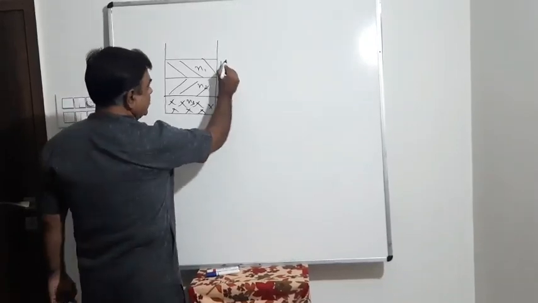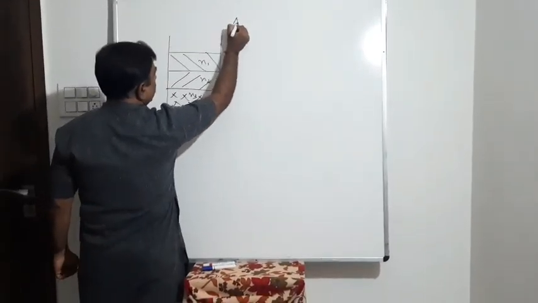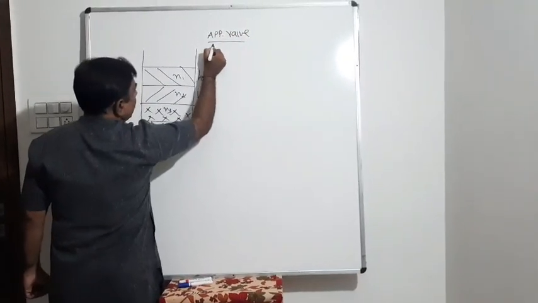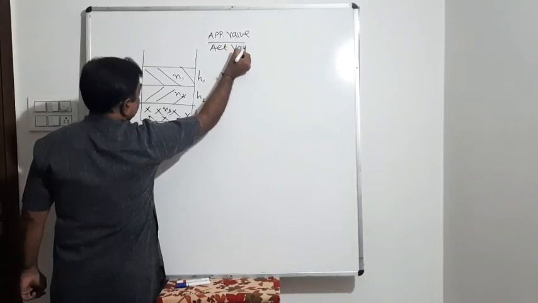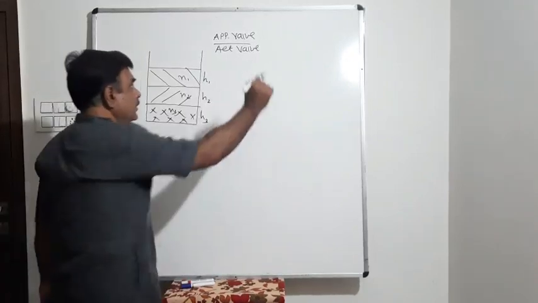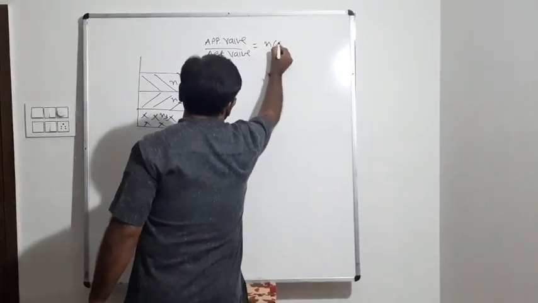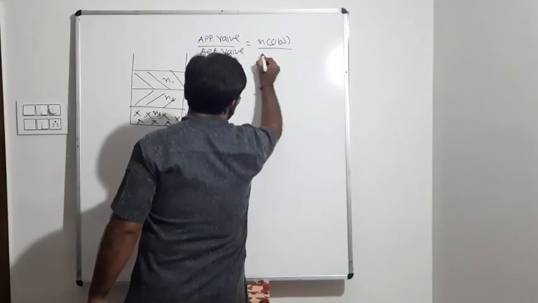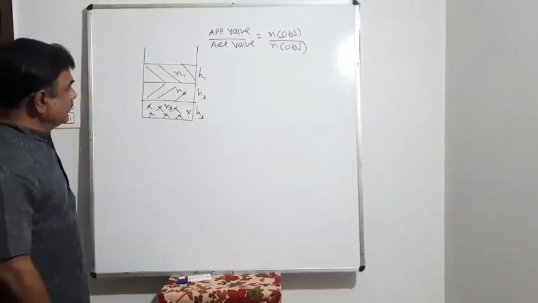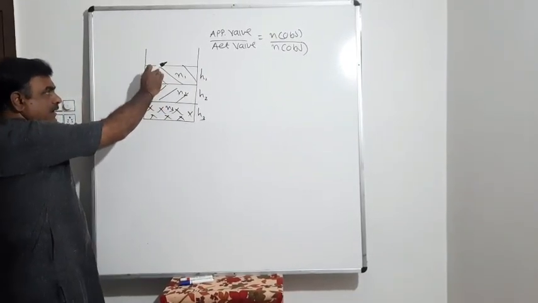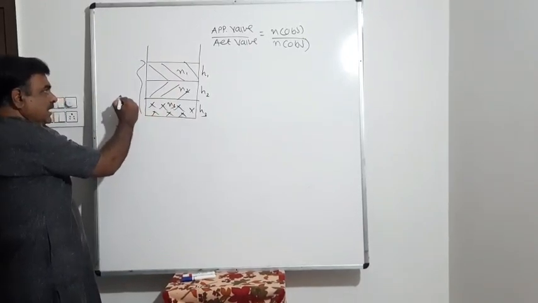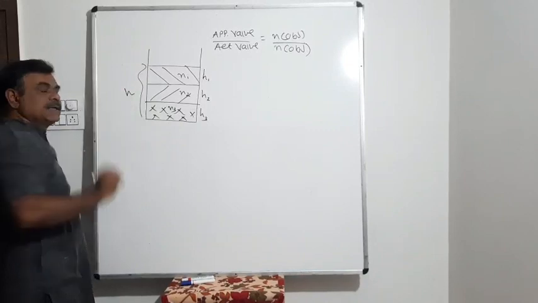So in this case, if I want to apply this formula, apparent value by actual value, for example apparent thickness or apparent depth by actual depth, is equal to n of observer by n of object. Then how do we apply this? So remember, I can treat these three media as a single medium of height h.